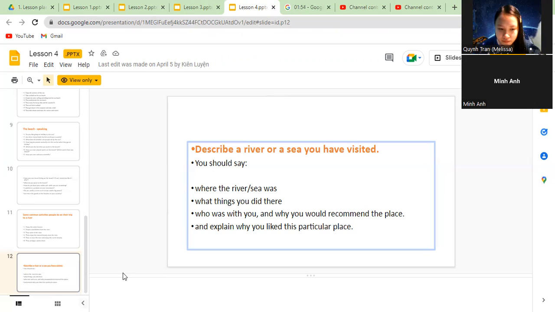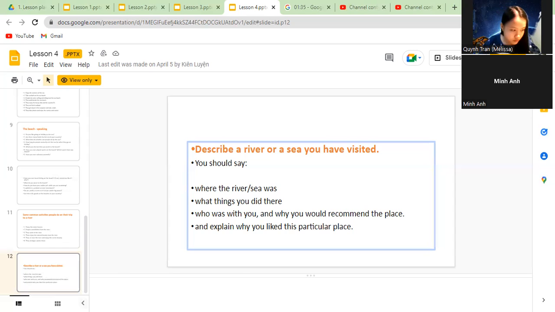Visiting a river is also my hobby. I sometimes visit a river called Chali.